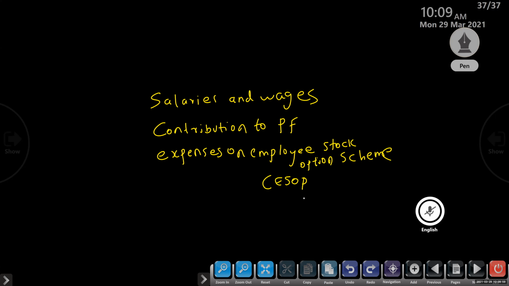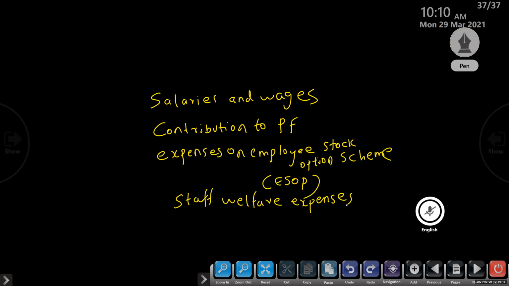Then staff welfare expenses. These come under employee benefit expenses.